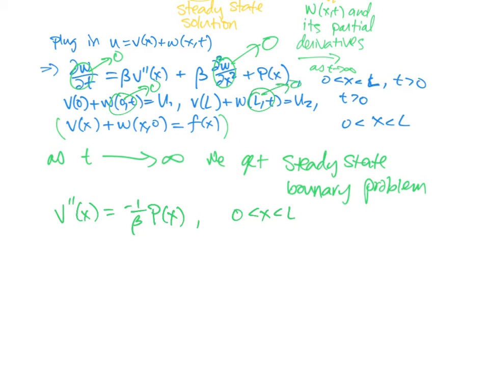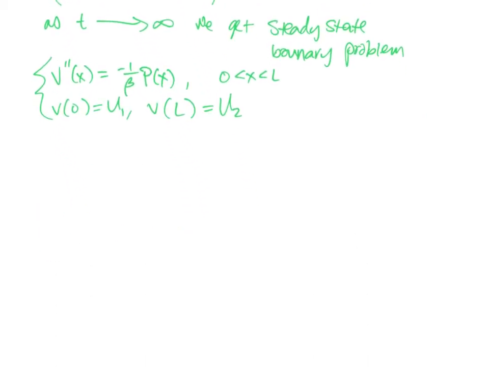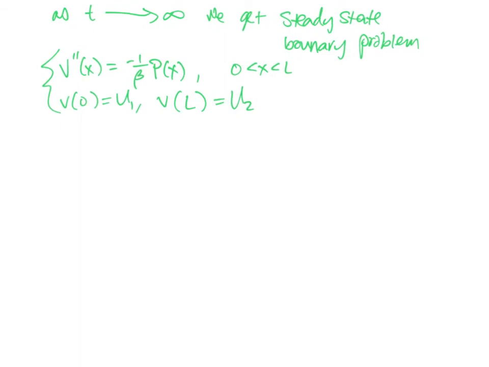So our boundary conditions are v of 0 equals u1 and v of L equals u2. So this is an ordinary differential equation with just one variable, v double prime equals some function of x. And we can just integrate this twice because we don't have a v on the right-hand side. So this is pretty simple.